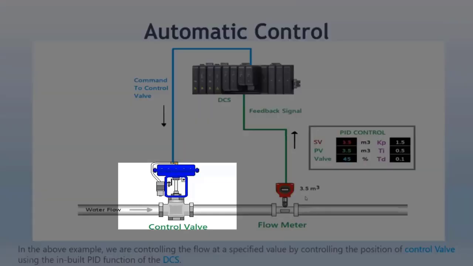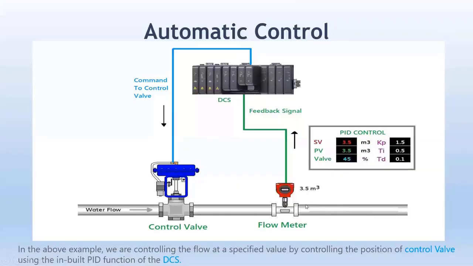So for instance, the value here is 3.4 or 3. That means there is a difference between set point and PV. What would happen? If there is less flow here, the control valve needs to be opened more, to meet the requirement of your set point.